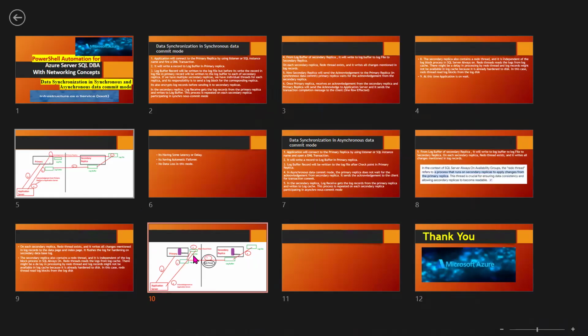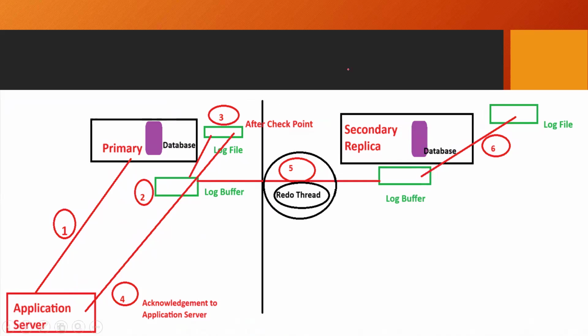Sorry, the user fires some command from the application server. After that, it goes to the primary replica, where the database is. In the second step, it writes all the records to the log buffer.